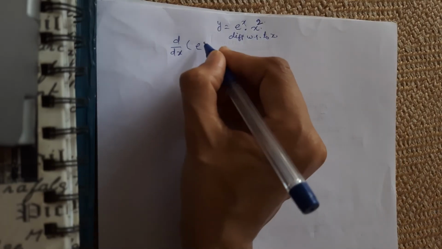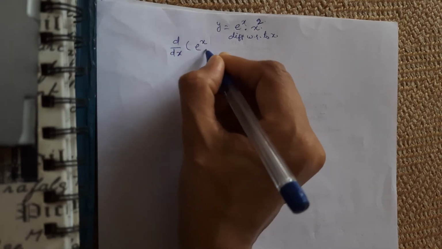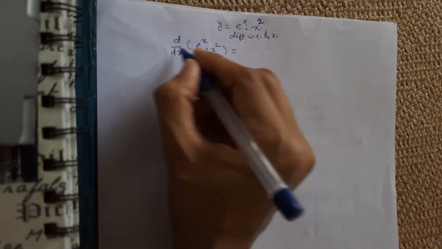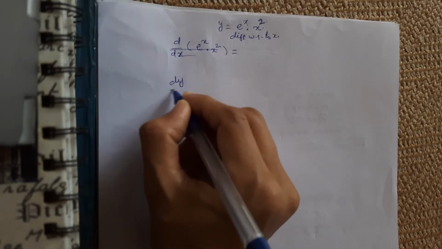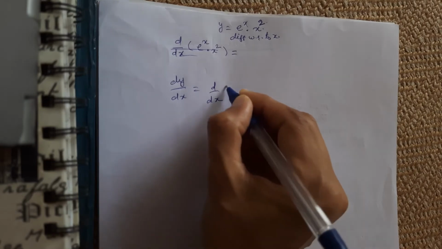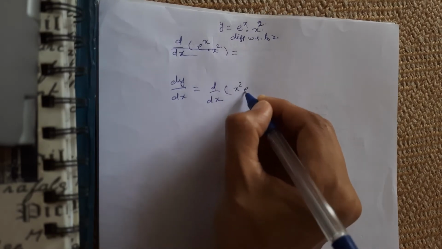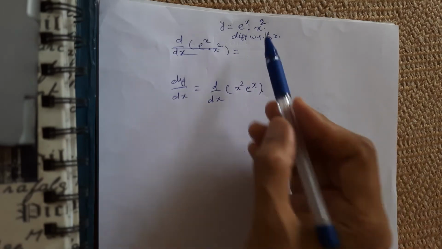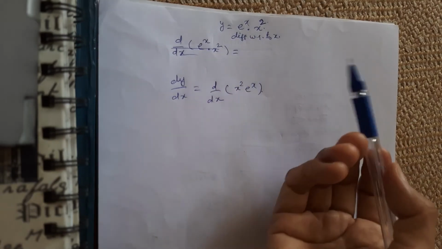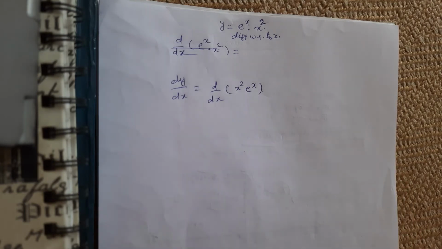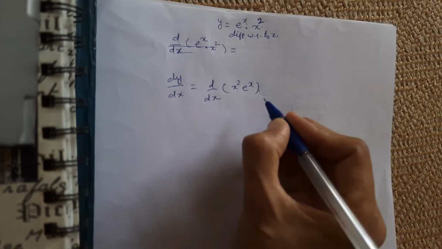I will write it as dy/dx equal to d/dx of x square into e to the power x. Now we can flip the terms, right? I can write x square here or e to the power x here, because multiplication is not affected by flipping. We already know this thing.